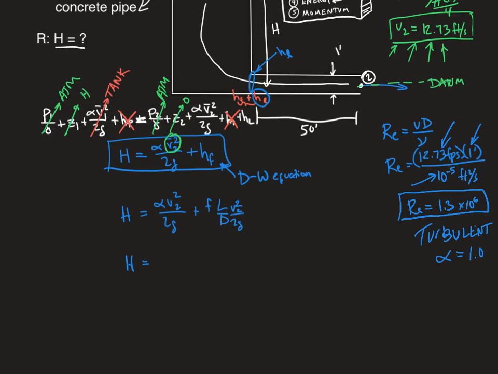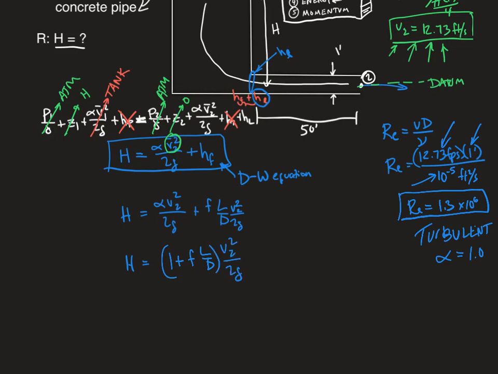So if we go back to our initial equation, we can say H equals 1 plus FL on D, V2 squared on 2G.